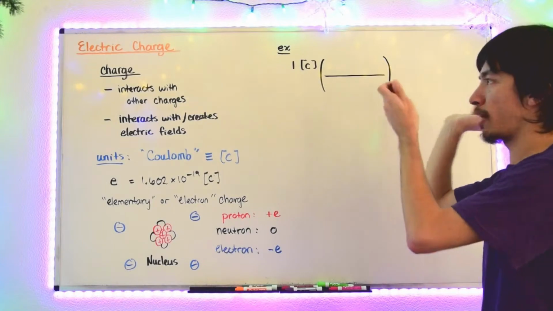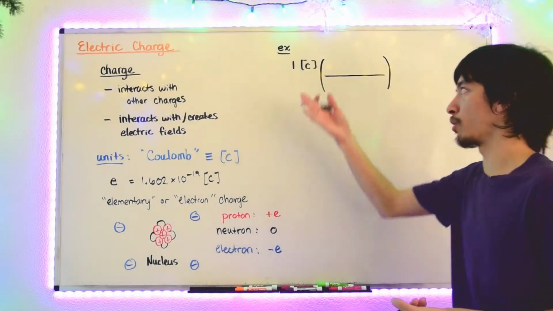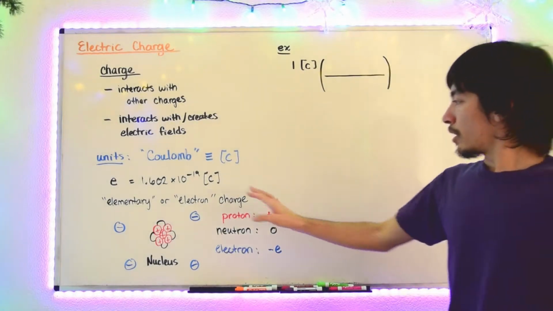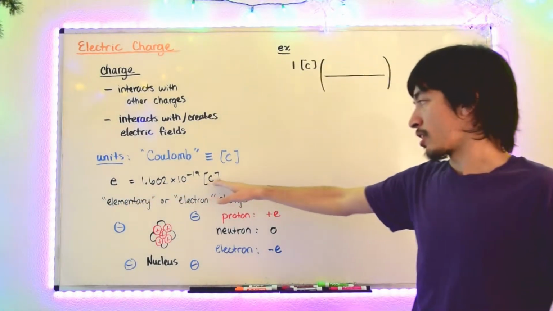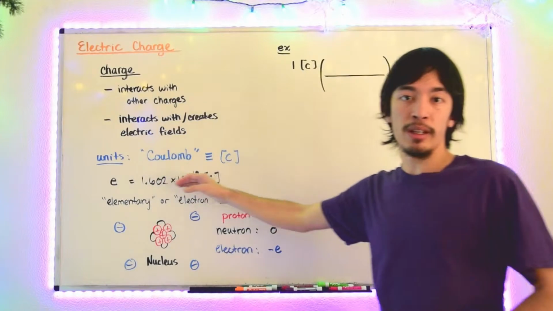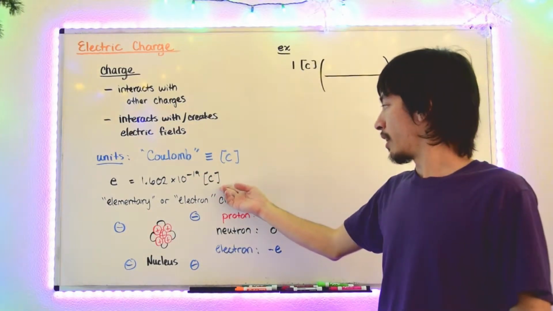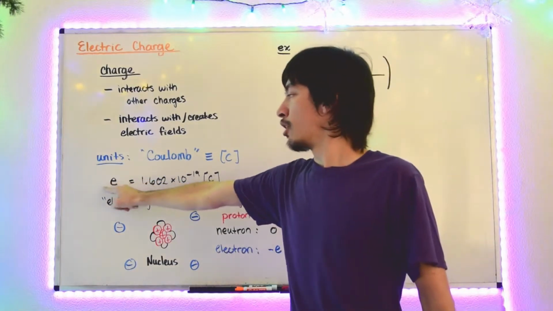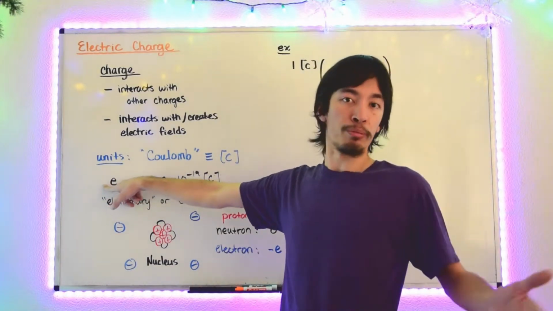So let's find the number of electrons associated with 1 coulomb of charge. This elementary or electron charge is essentially a conversion factor, because what it tells us is this amount of coulombs of charge equals exactly 1 electron charge or proton charge.